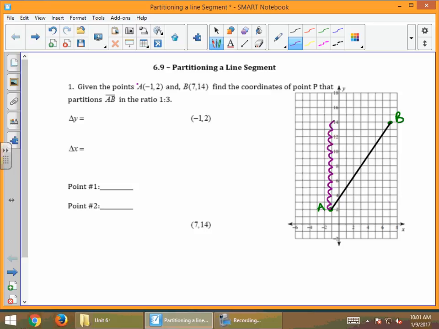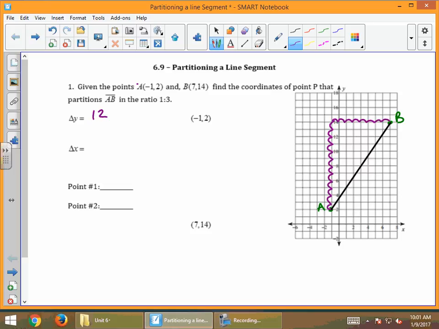So count up until you're aligned with B. How far did we count up? Then to find the change in X, you just count over. How far did we count over?